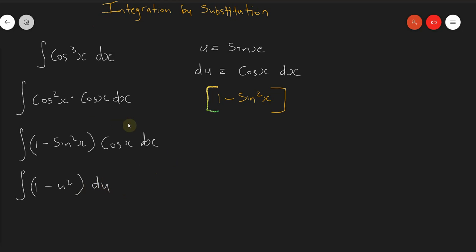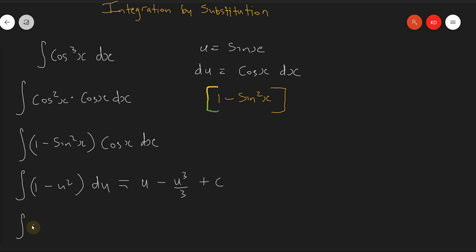Great. Now all we need to do is integrate with respect to u, and that would simply be u minus u cubed over 3 plus a constant. Then we would simply just substitute u for sine x.